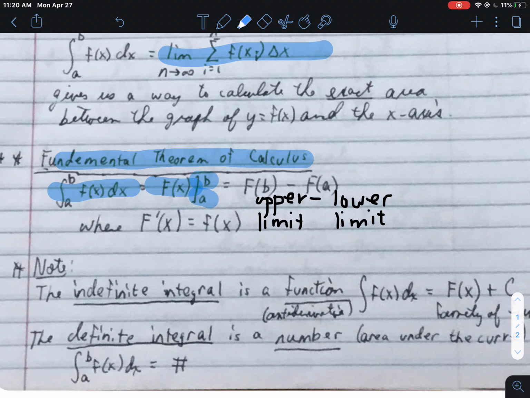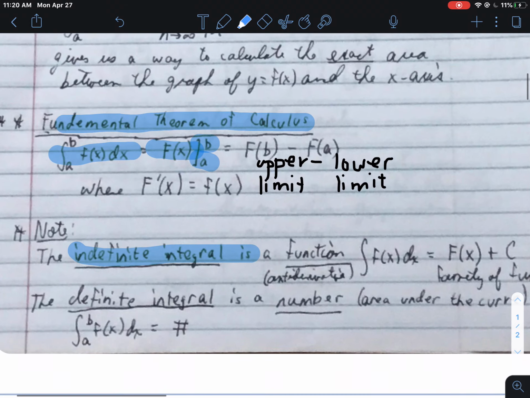In the case of the indefinite integral, remember we said that was really just a function where we tacked on the plus c, and then if we knew certain information about our antiderivative, we could actually find the c value and give you the exact antiderivative, but it's still a function. All right, so it's still F of x plus c whether or not we can find the c value or not. That's what the indefinite integral calculates.